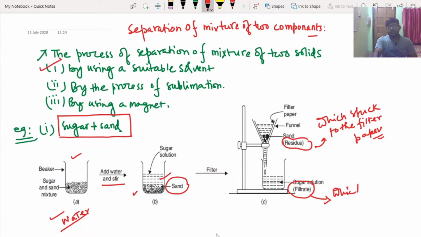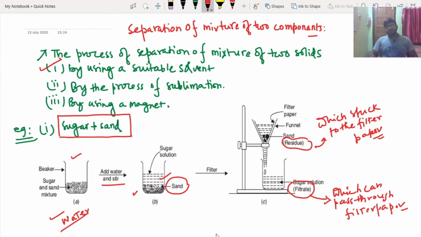So in this way we can separate the mixture of sugar as well as the sand.